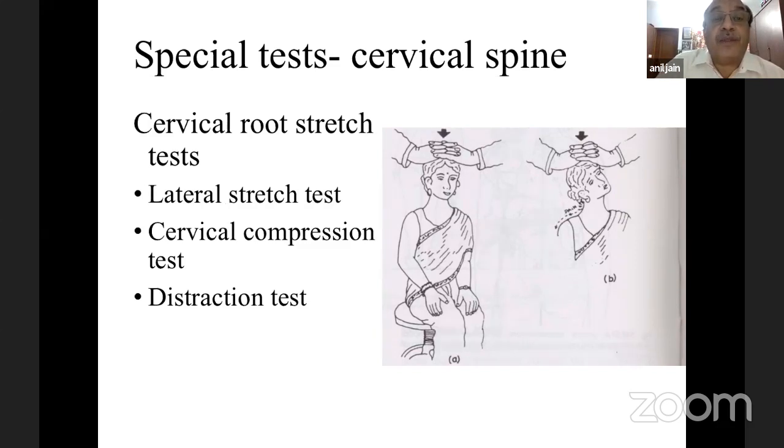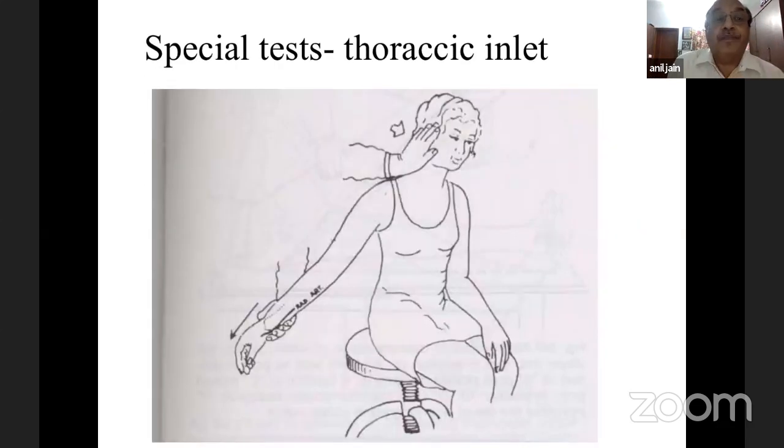So the root stretch test is positive when pain is elicited or increases. But I again emphasize here, do it only when you are sure that you are dealing with a disc disease. Nowadays, to make a diagnosis, these painful tests are generally not required, because by other tests you reach a diagnosis and then you can get investigations done.